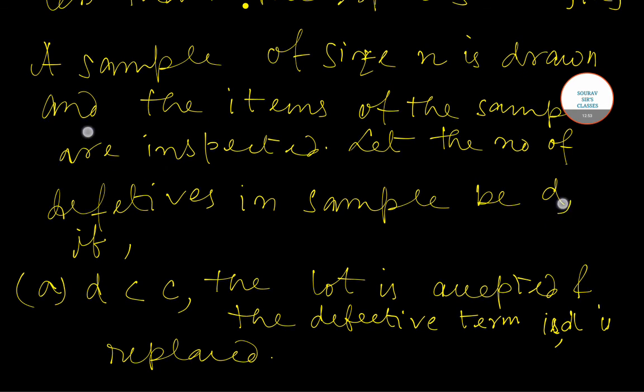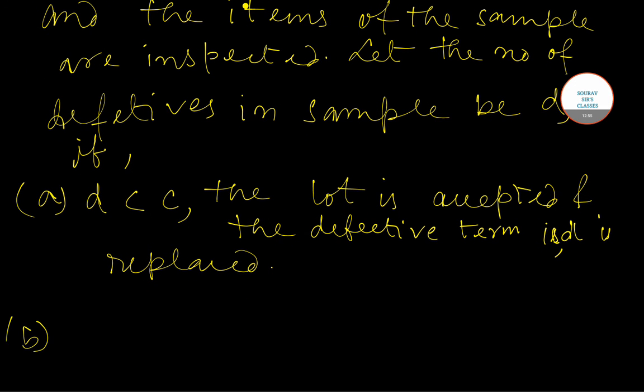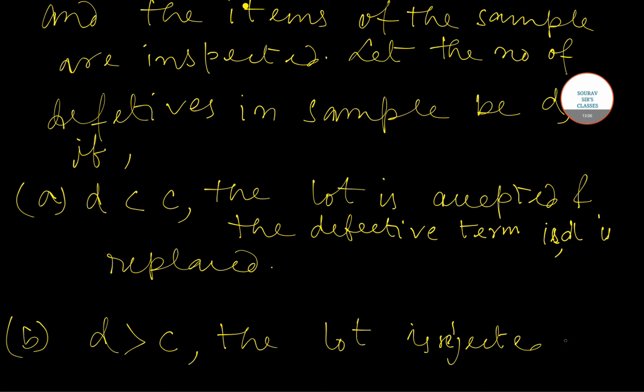And point B will be, if D is greater than C, the lot is rejected and the entire lot is inspected.